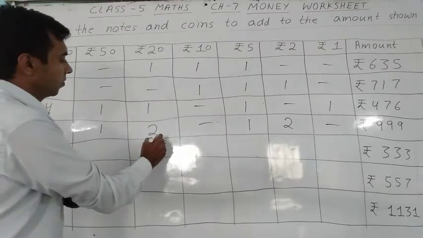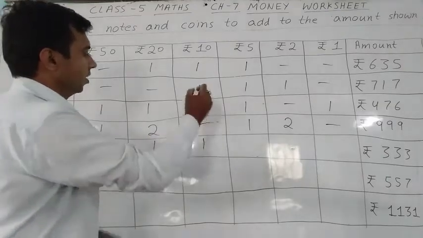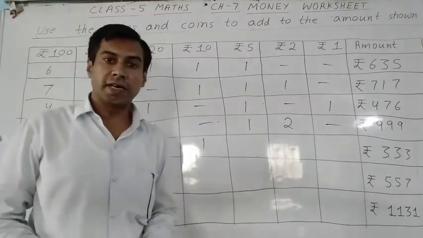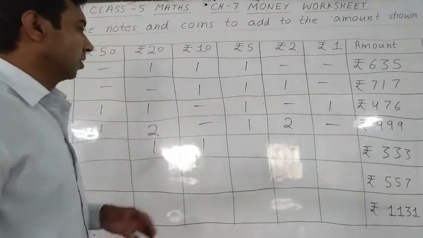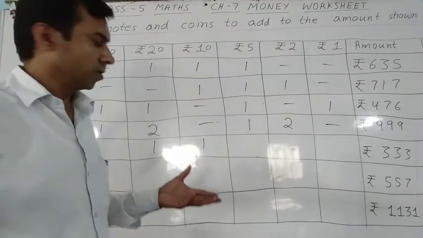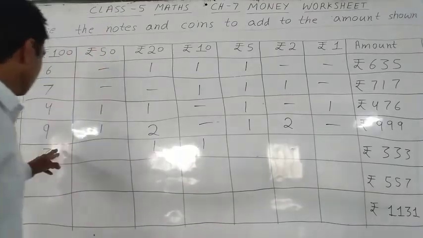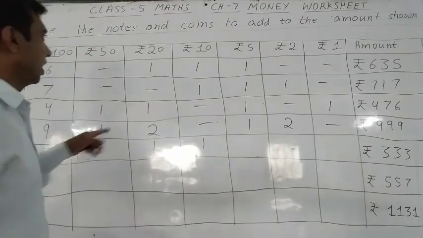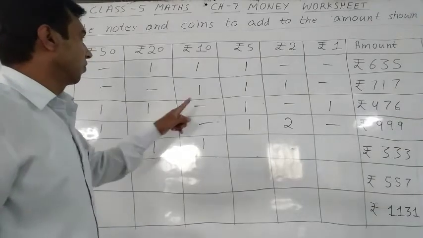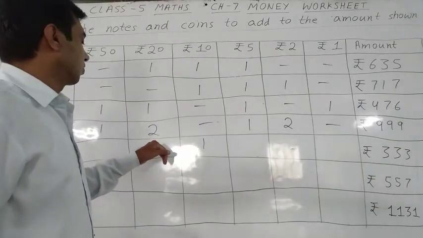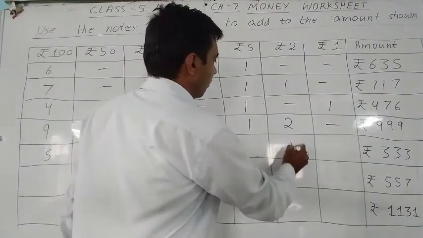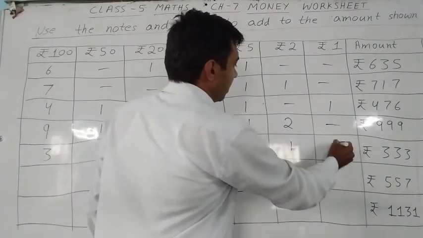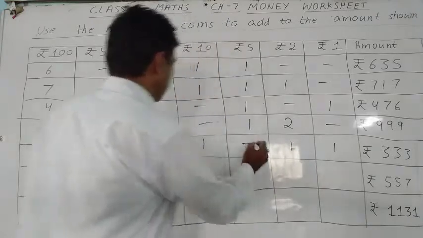Student, we can take 1 20 rupees note, 1 10 rupees note, or we can take 3 10 rupees coins also. So student, whatever you want, you can take. So 300, I have taken 1 20 rupees note, 1 10 rupees note. So 20 plus 10, 30, and then 1 2 rupee coin and 1 rupee coin.